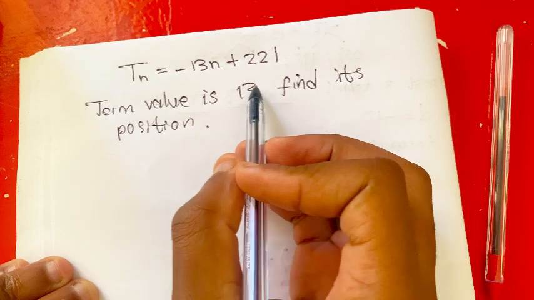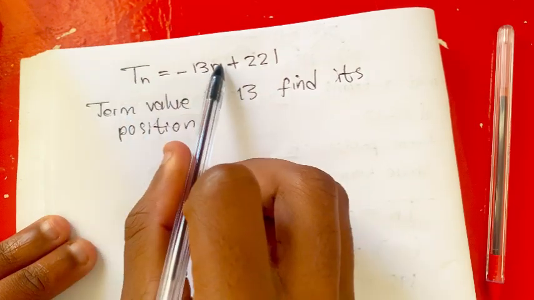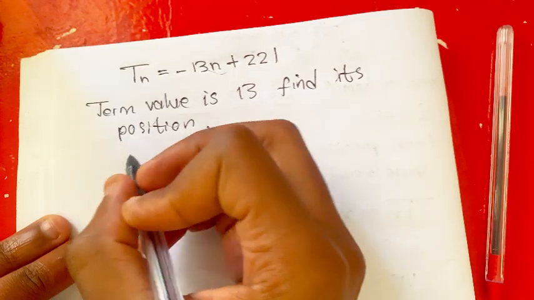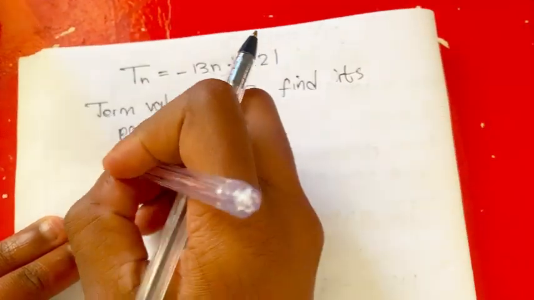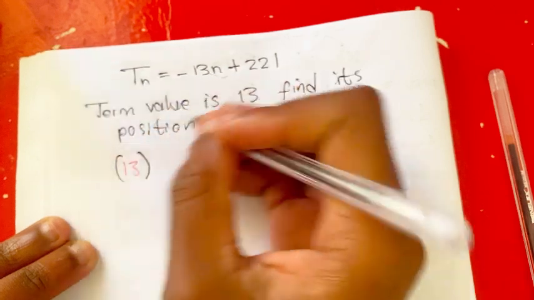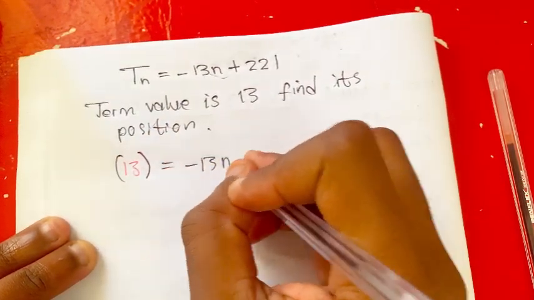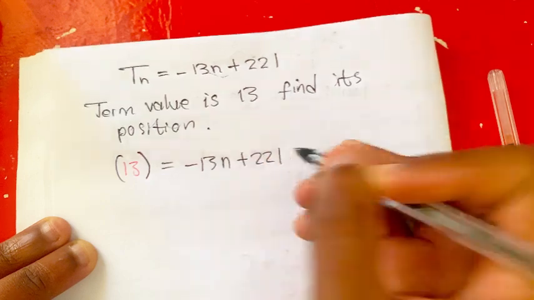So they want you to substitute 13 such that you find the value of n. So you substitute 13 in place of your term value, because the term value is 13. Negative 13n plus 221.